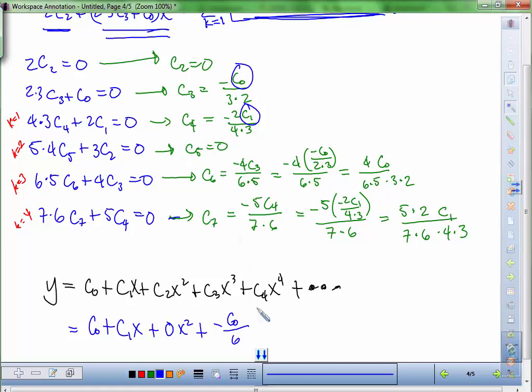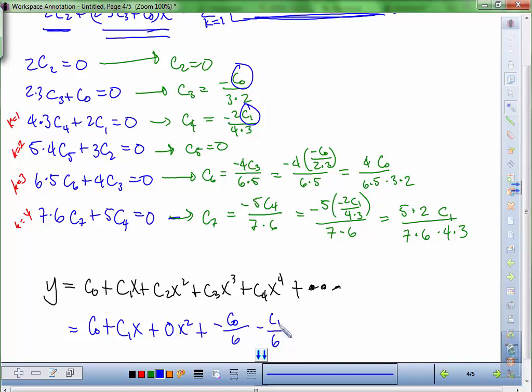C4 is negative, again canceling some stuff out, C1 over 6 over 12, but then there's a 2 up here, right? So is that right? Just want to make sure that we're good here.